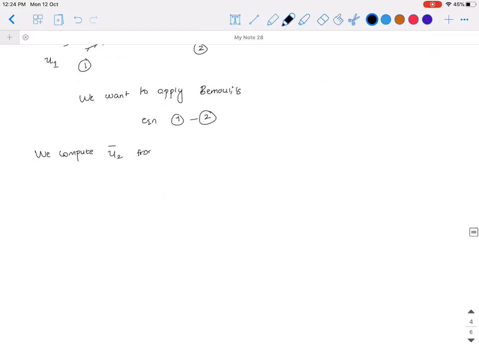We compute u2 bar from u2 of y using mass conservation. So the integral of rho u2 dA becomes rho u2 bar A2. So we compute u2 bar.